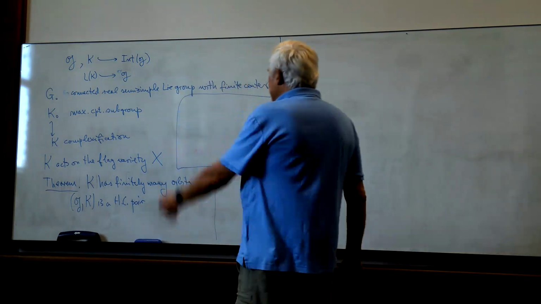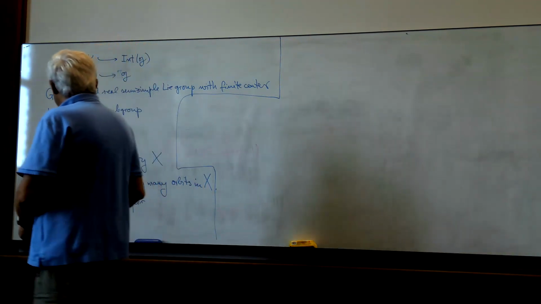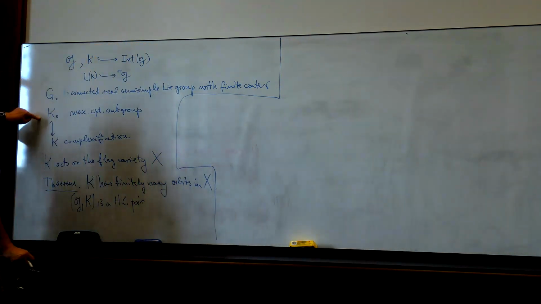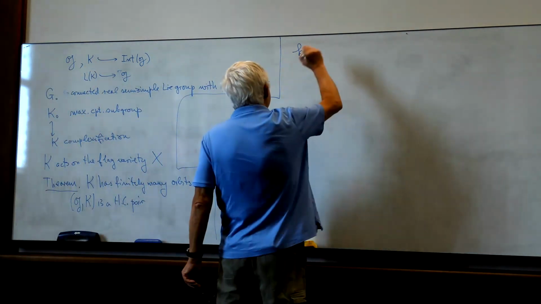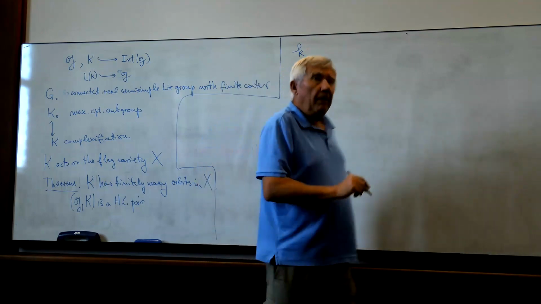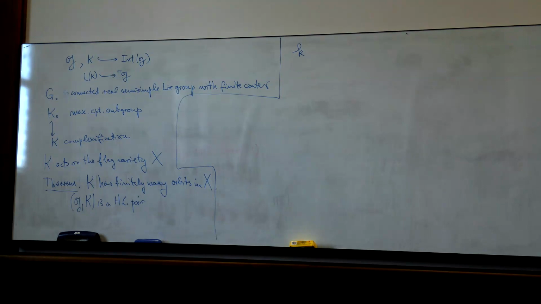So what do we do? First of all, the critical observation is about the Lie algebra of K. Could we just have one example of G?